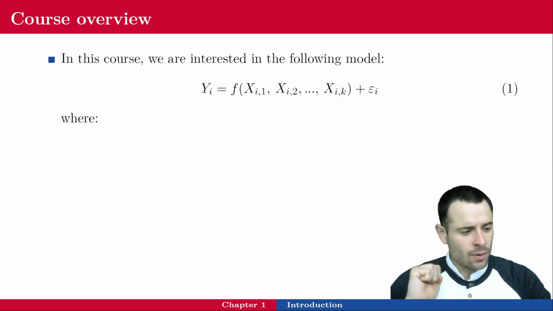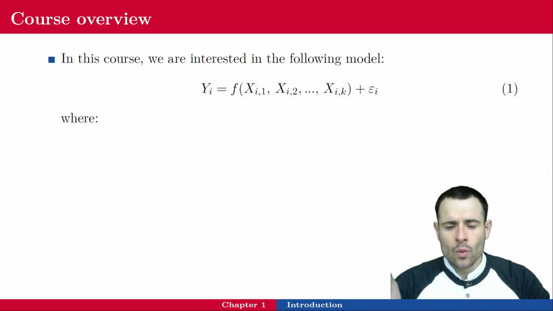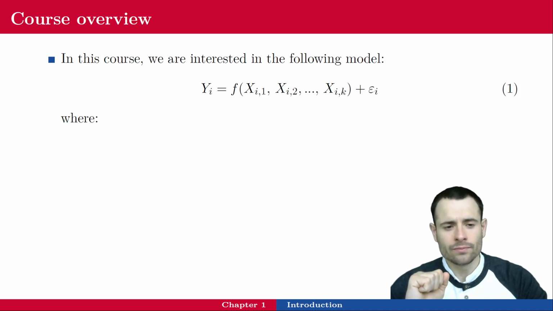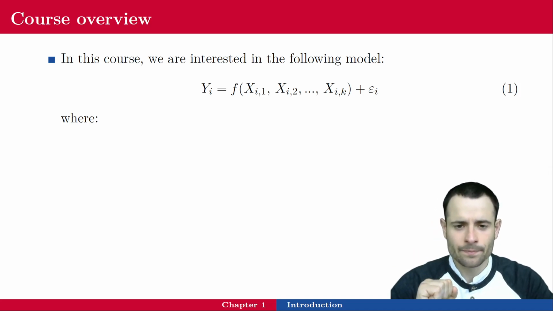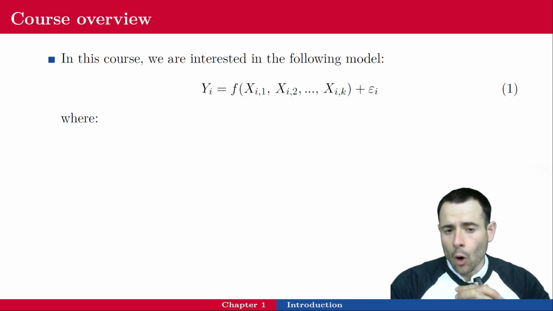So in this first slide, I want to give you a course overview. In this course, we are interested in the following model. We have a variable Yi. Note that it is uppercase because it refers to a random variable. I will get into this in a bit. This variable Yi, the observation Y for individual i, is equal to a function f of a set of variables X, which we are going to call covariates.